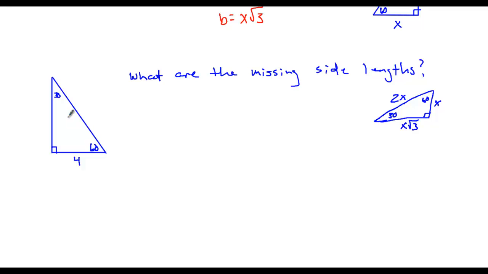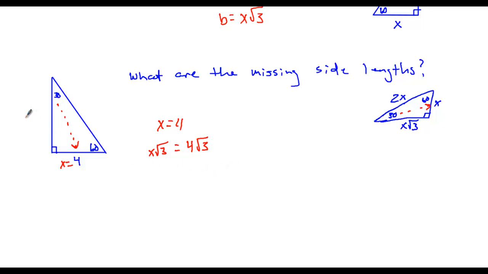Okay, so I look at this and I think, well, what's across from the 30? Well, that's x, right? So across from the 30, x equals 4. Well, what's across from the 60? Across from the 60 is x times the square root of 3. So if x equals 4, x times the square root of 3 equals 4 times the square root of 3.